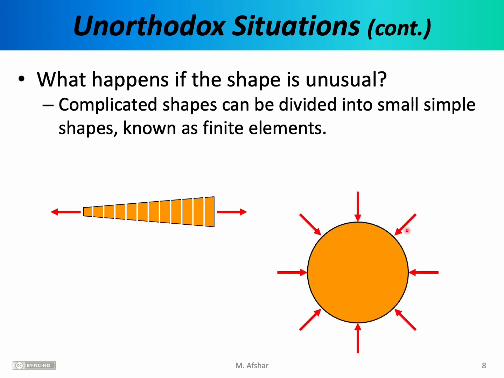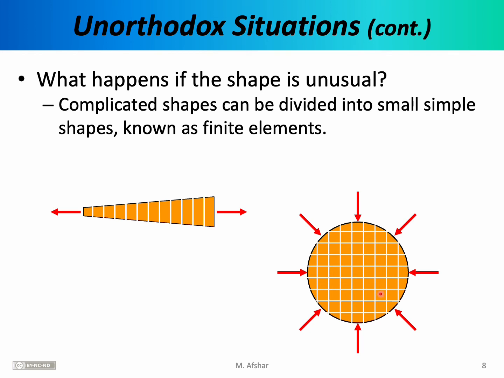If you want to discuss, for example, the bulk deformation of a sphere, you could do a similar thing. You would divide the sphere into many, many small cubes, and the forces, if they are pointing in some awkward diagonal direction, could be decomposed into horizontal and vertical forces. So, for example, this diagonal force can be viewed as the sum of two other forces, this vertical force and this horizontal force.